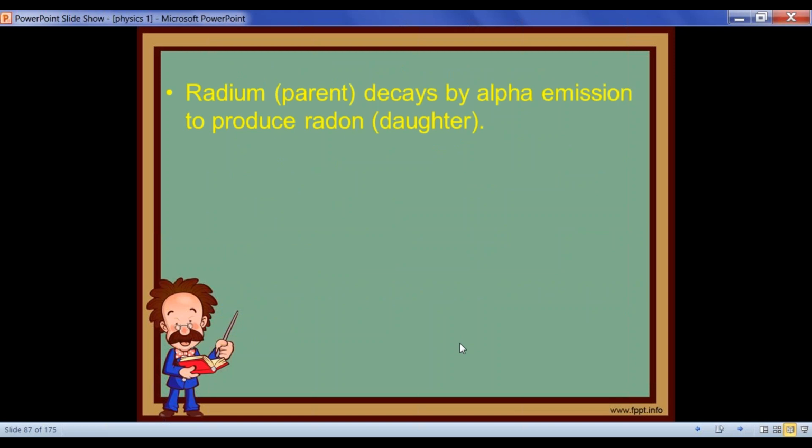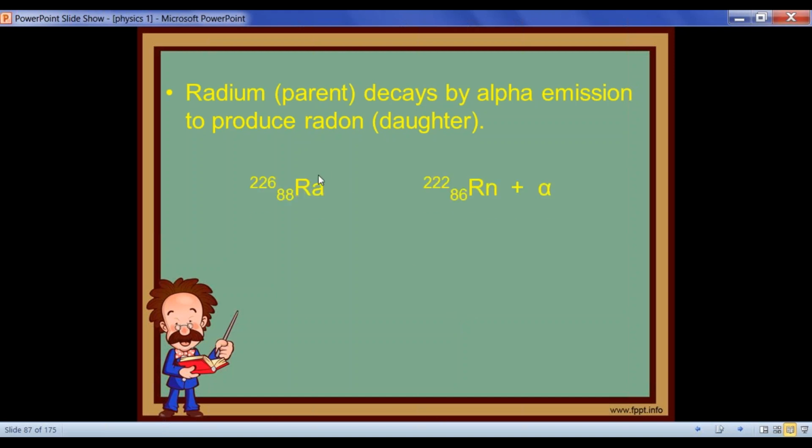You can remember the previous discussion. Radium is the parent, meaning it is a radioactive element. It is unstable. Then it will decay, it will emit alpha particles. Then the daughter, which is a stable atom, is now the radon. So we will have an example of that in a while.